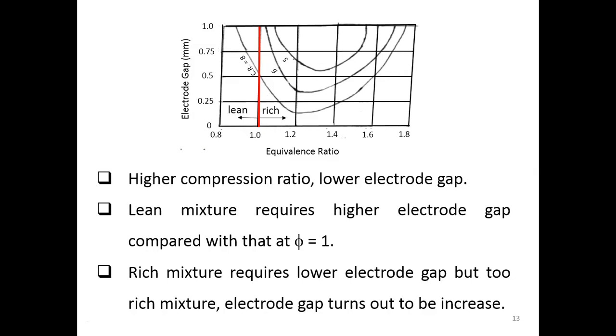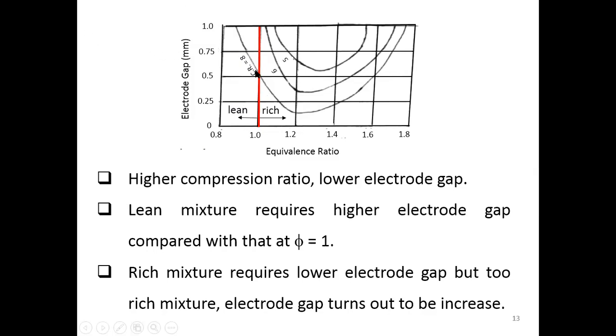Now if you look at the equivalence ratio here, this is the stoichiometric line. If you go for a lean mixture, the equivalence ratio is less than 1. Leaner and leaner mixtures require that engine to have what? A higher electrode gap.